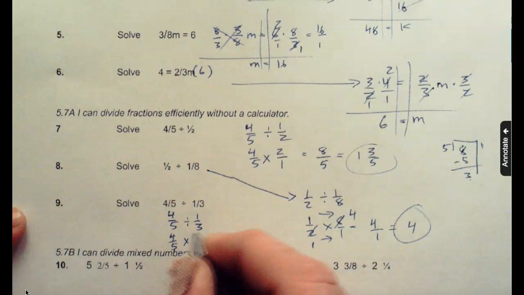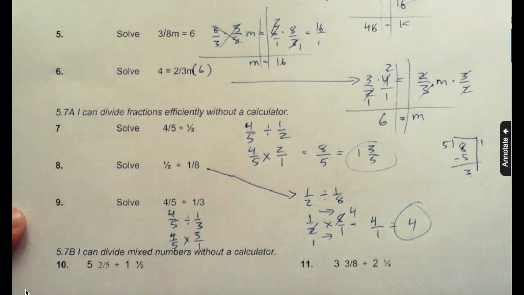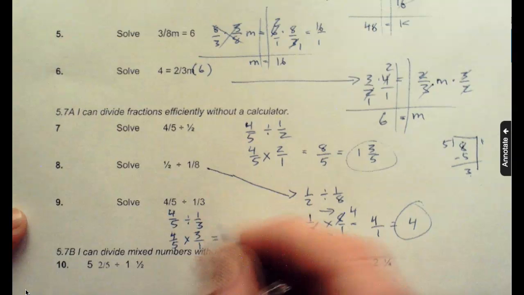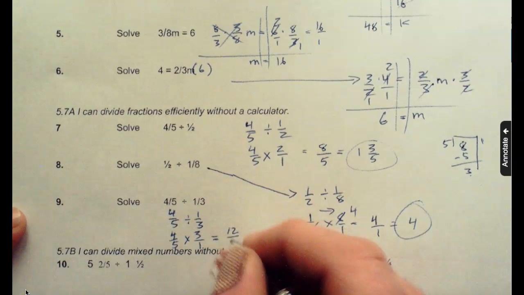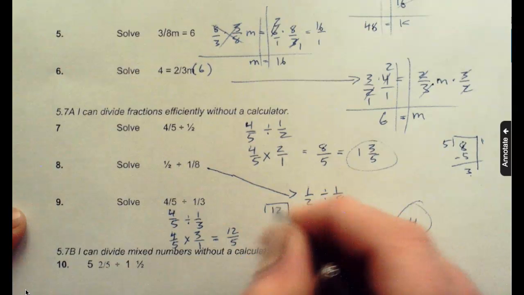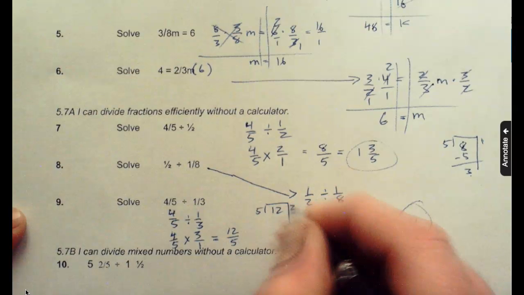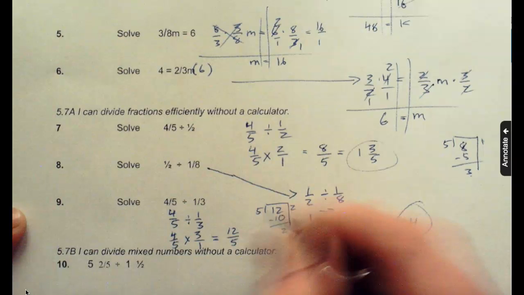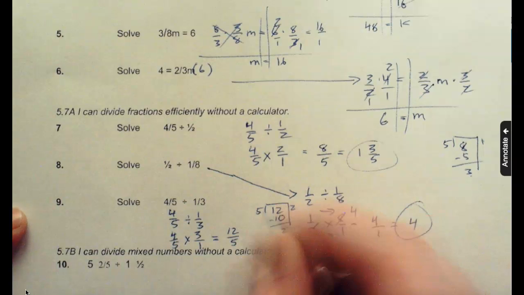We'll flip it. Okay. We can't cross reduce. I can't do anything with 5 and 3, and I can't do anything with 4 and 1. So 4 times 3 is 12. 5 times 1 is 5. We have 12 divided by 5. Let's just think about that. 5 goes into 12 2 times, which would be 10. We've got 2 left over. That's smaller than the divisor, so it's 2 and 2/5.